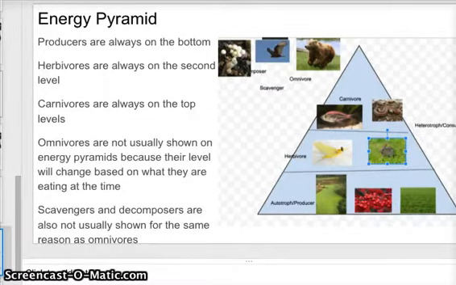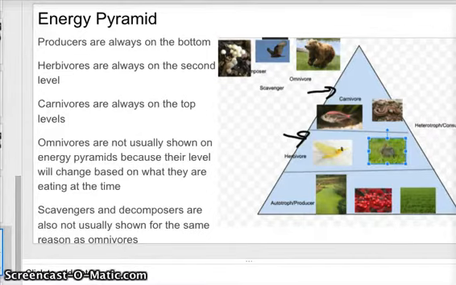So this bear could be here, or he could be here. It depends, so I didn't put him on. And decomposer to scavenger, same thing. Depending on what they're eating, they could be on any level. So we're just going to focus on these three: the autotroph or producers on the bottom, then the herbivores, then the carnivores.